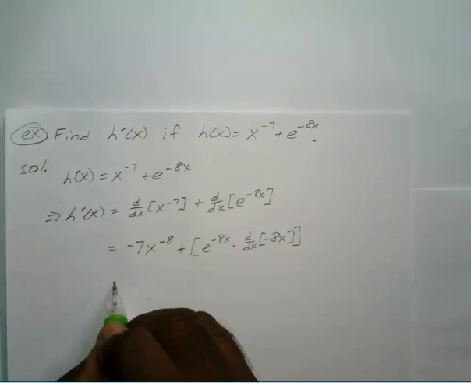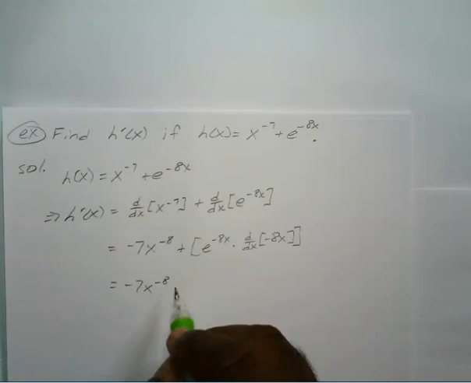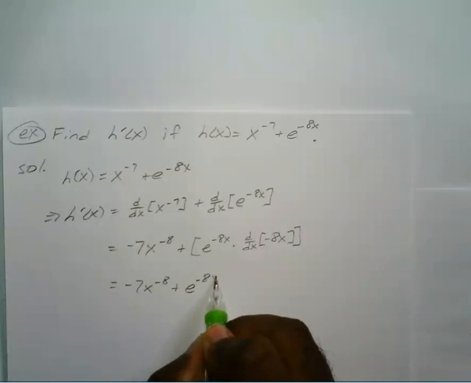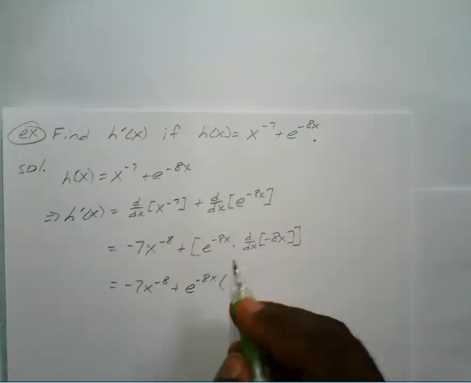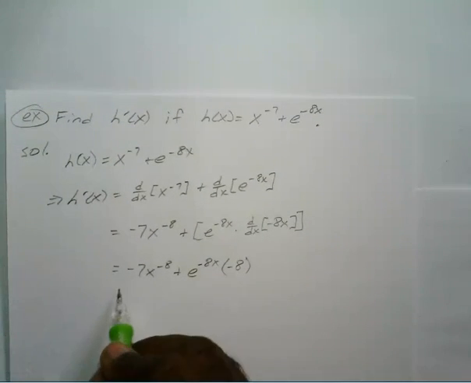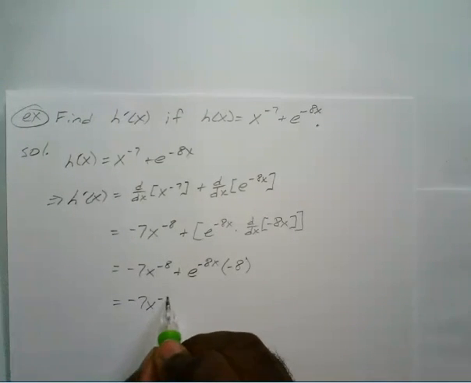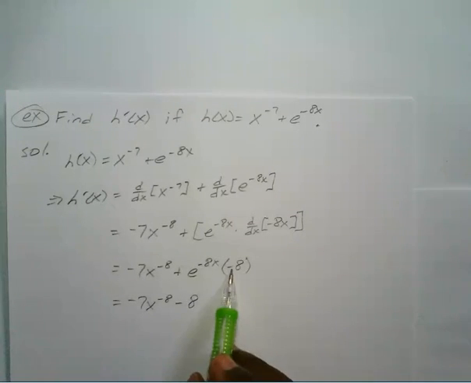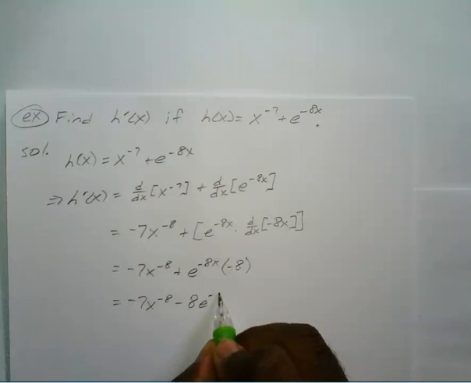So that's going to equal negative 7x to the negative 8 power plus e to the negative 8x times the derivative of negative 8x, which is just negative 8. So that is going to equal negative 7x to the negative 8 power minus 8e to the negative 8x.